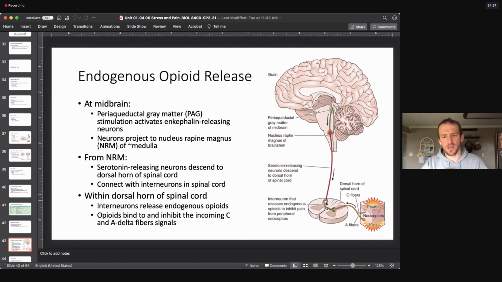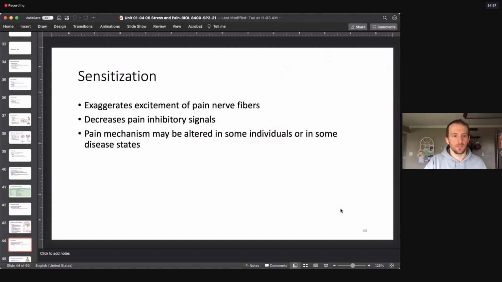These regulatory interneurons secrete a message that makes this C fiber neuron, or C and A fiber, this pain neuron, less able to communicate that message back up into the brain. So your body is like, oh, this keeps hurting, and then the brain says, whatever that is, we have dealt with it and we don't deem it a concern, turn the pain down. We don't need to hear it anymore, which is cool.